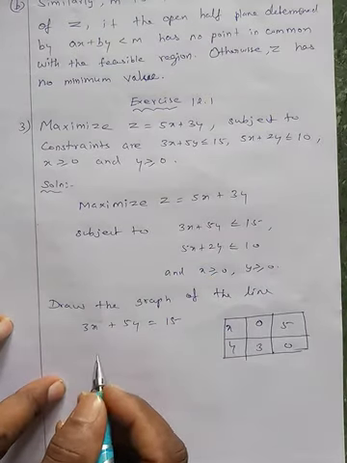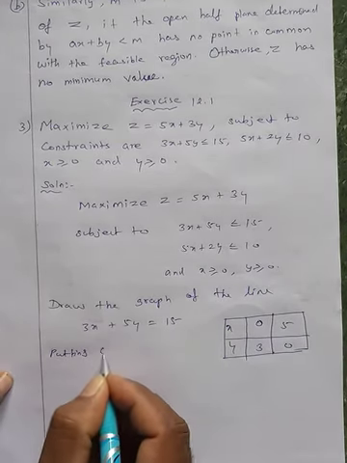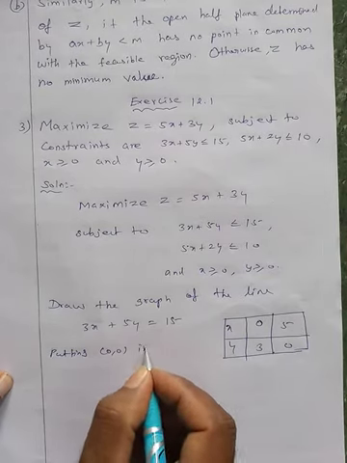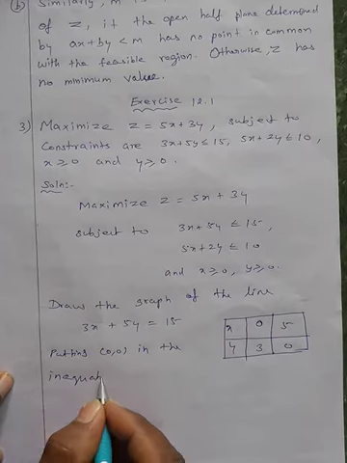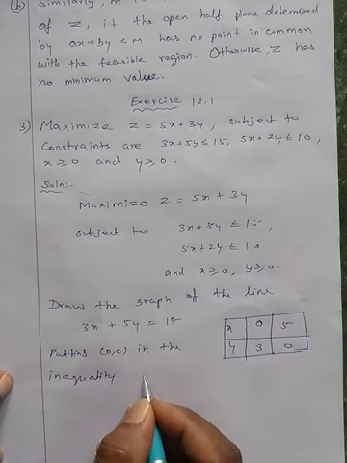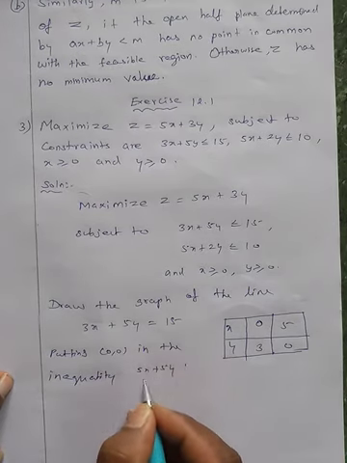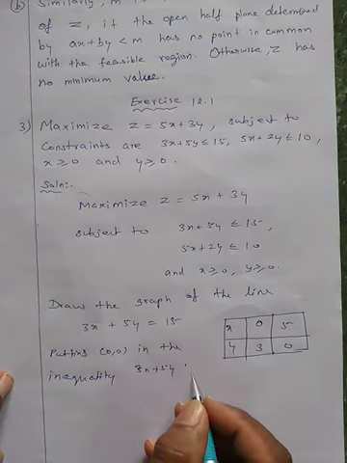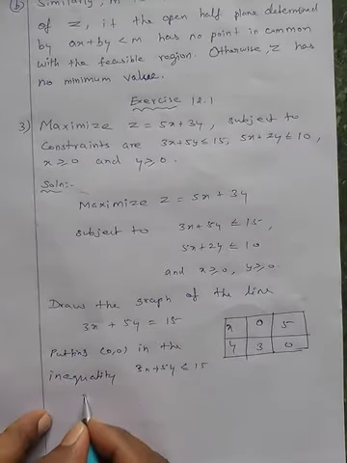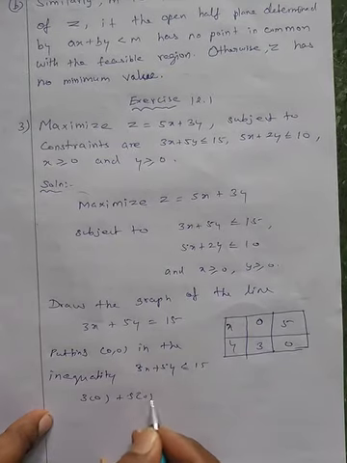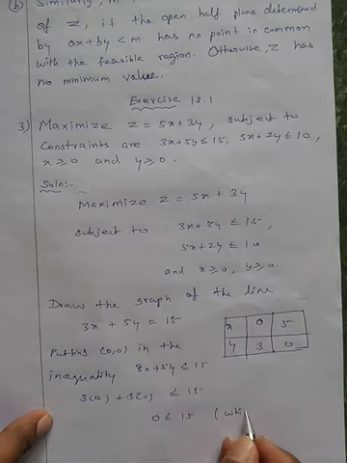So using the method, first put 0, 0 in the inequality 3x plus 5y less than or equal to 15. Here 3 into 0 plus 5 into 0 less than or equal to 15, 0 less than or equal to 15, which is true.